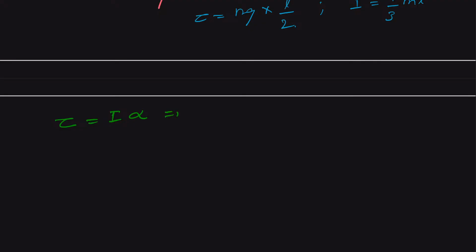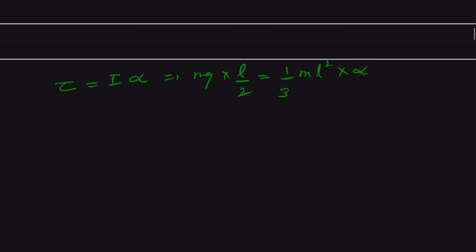We have mg times L/2 is equal to 1/3 ml square times angular acceleration, where m and one L go away, and we get that angular acceleration is equal to 3g upon 2L.